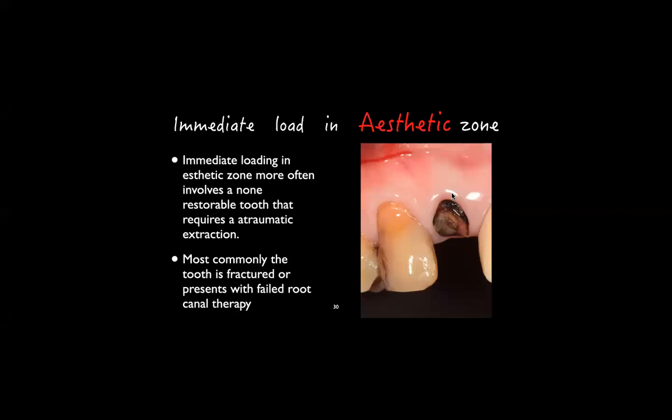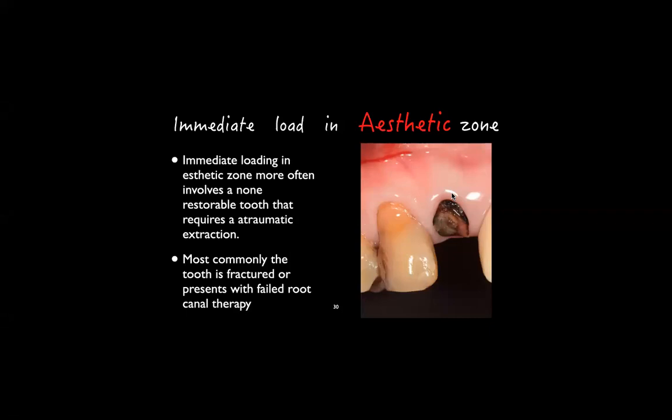And we're going to go ahead and discuss a little bit more about how to manage the soft tissue in an anterior area, and some instruments that will help you with that. Most commonly, the tooth is fractured or presents with a failed root canal therapy.